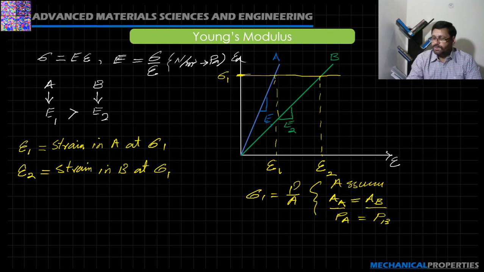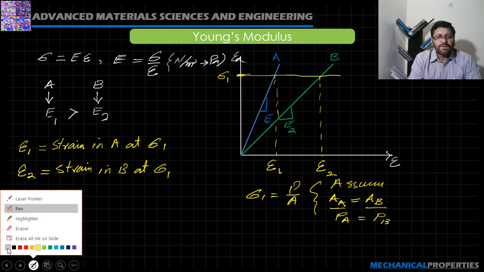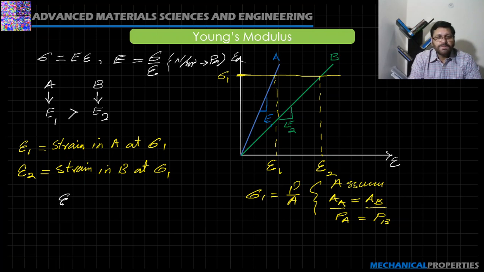So it means for both the materials we have different strain values, and here we observe that strain epsilon 2 is more than epsilon 1.